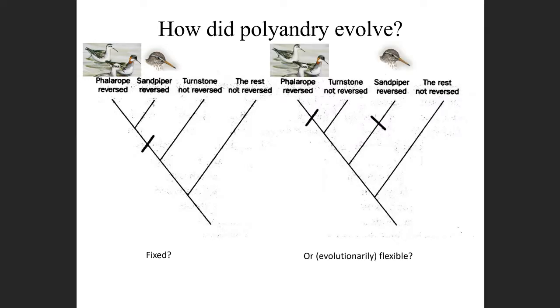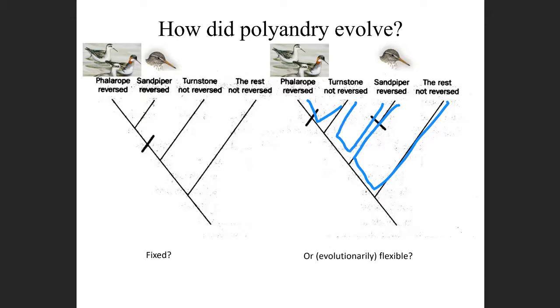By contrast, if you have distant relatives sharing a behavior, and each of them sharing polyandry with each of them sharing an ancestor with a non-polyandrous species more recently than they do with each other, then that would suggest, actually I drew the wrong line, this one should be here.